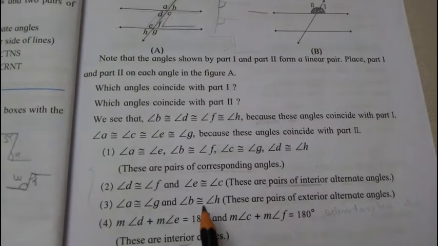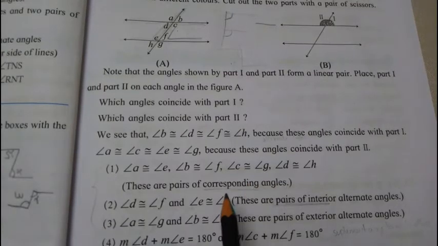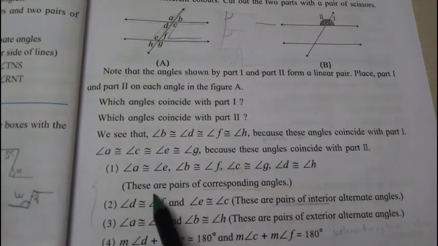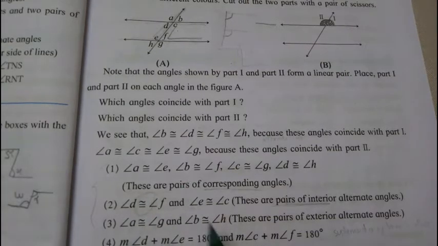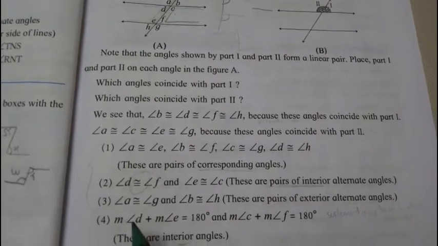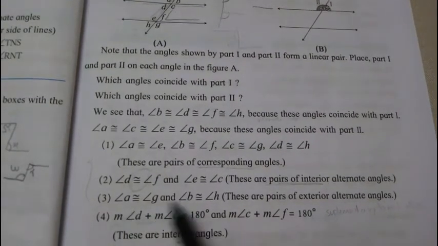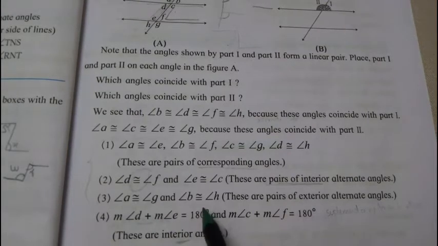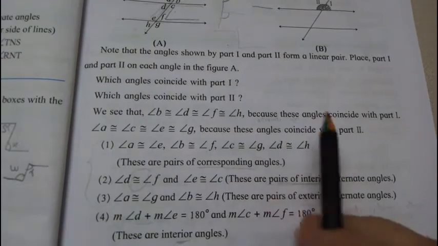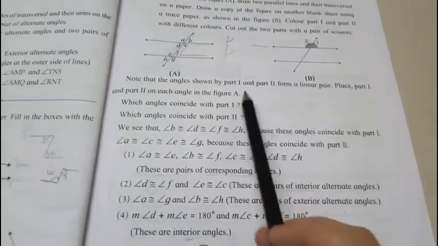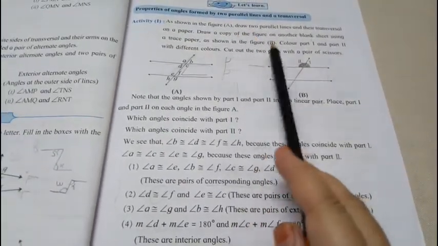So we have seen from this figure that corresponding angles and alternate angles are congruent to each other. Congruent means equal to each other, and this is the symbol of congruent. And the addition of two interior angles is 180 degrees. So this was all about the properties of angles formed by two parallel lines and a transversal.